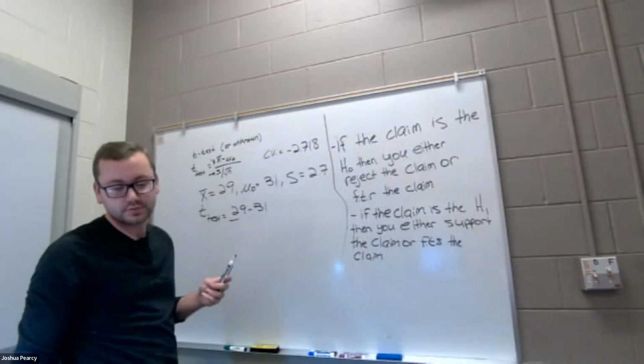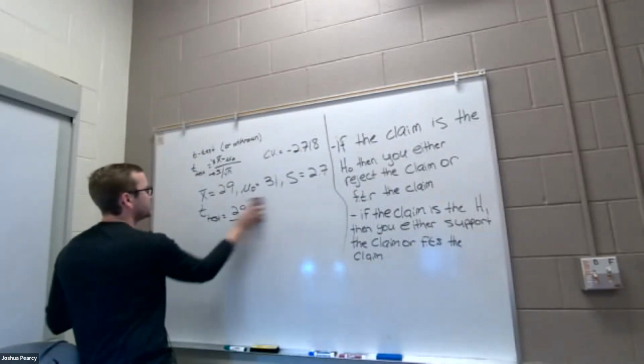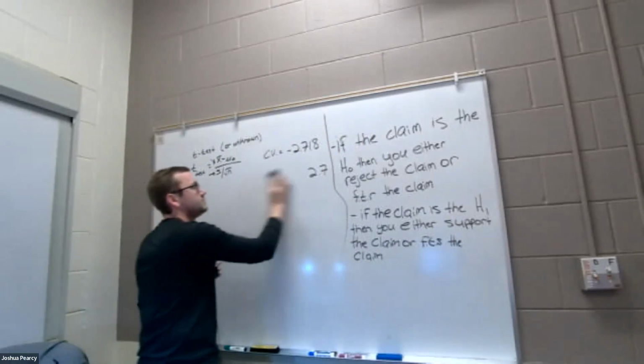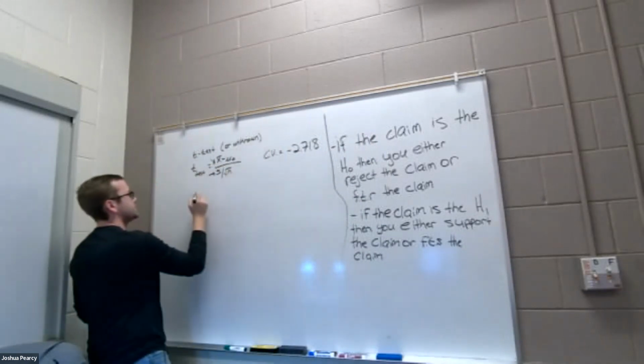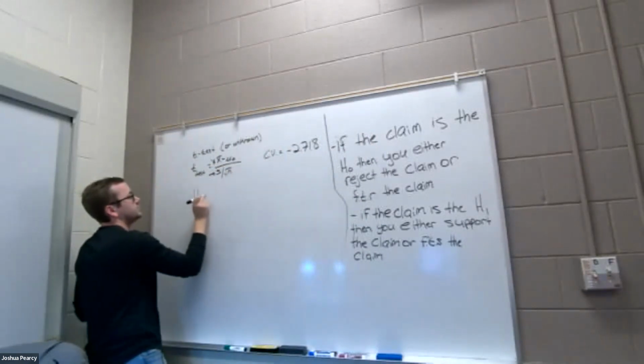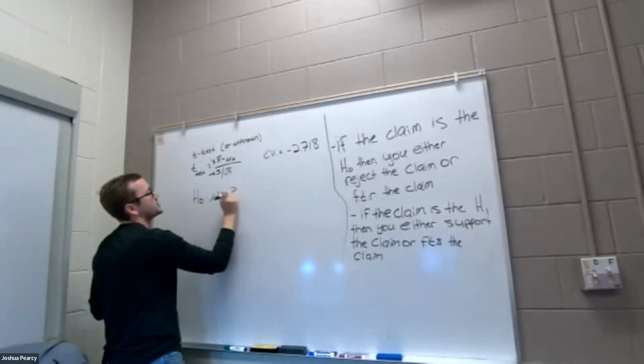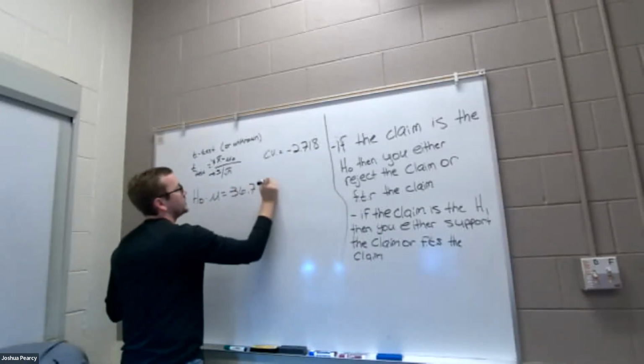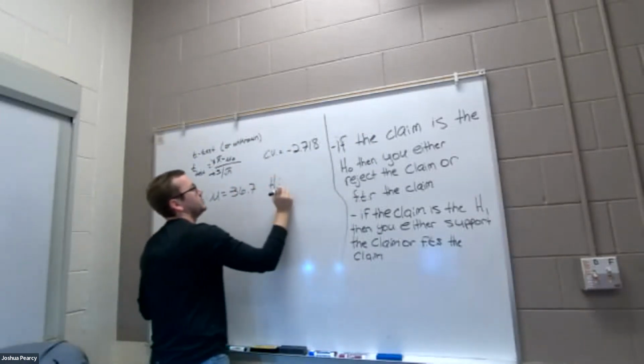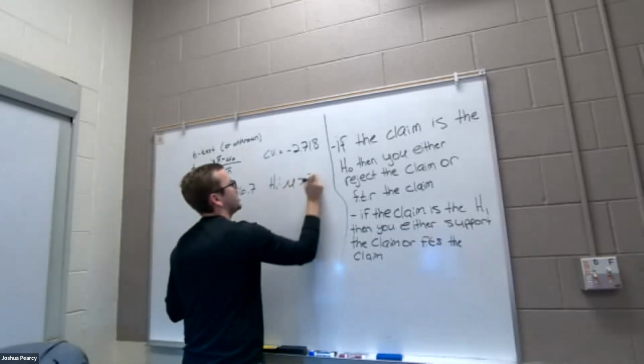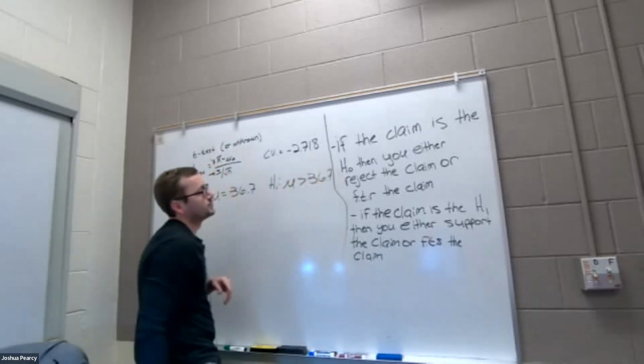In that case, the null mu equals 36.7, and the alternative mu is greater than 36.7.